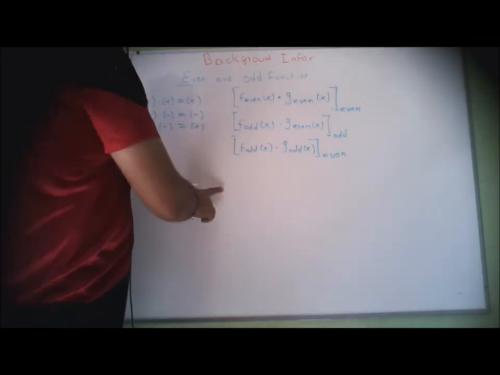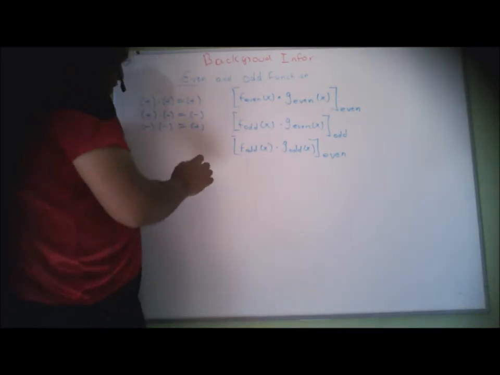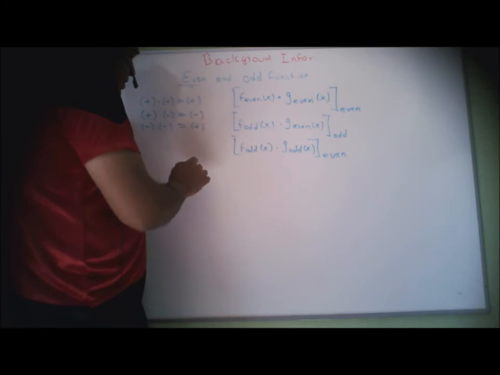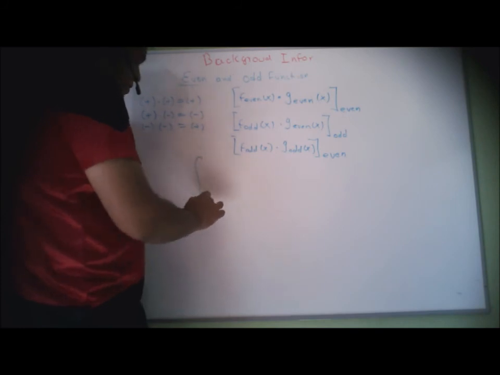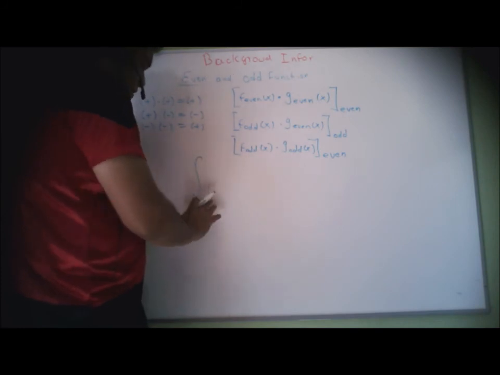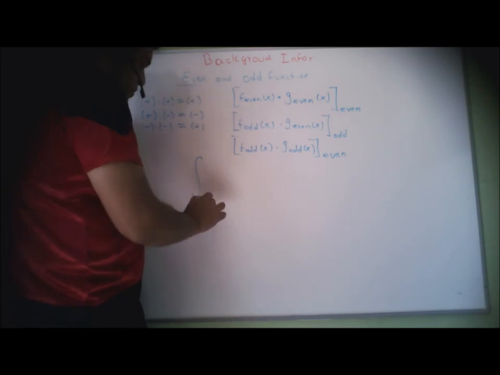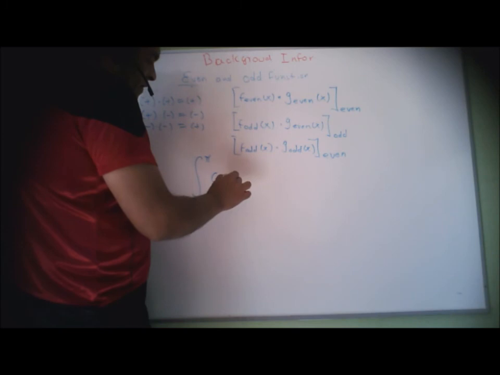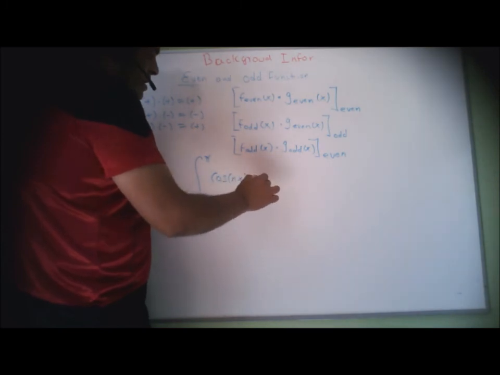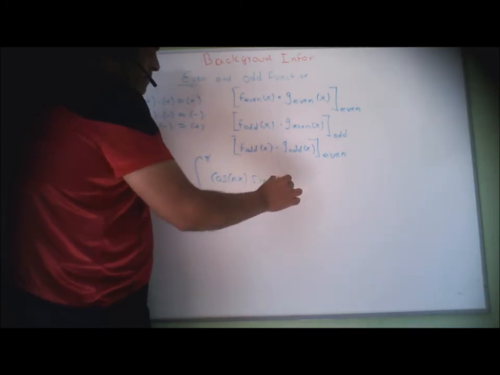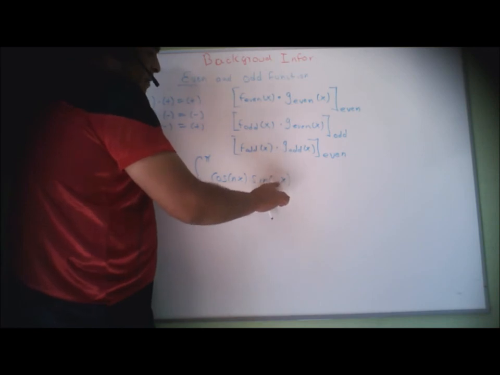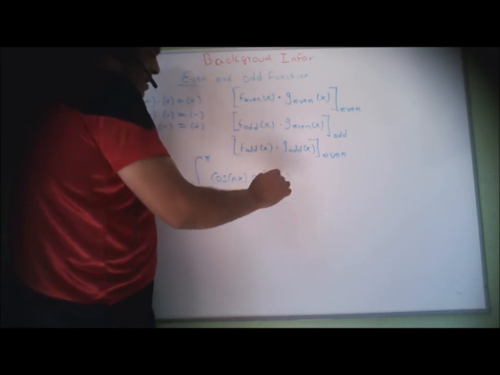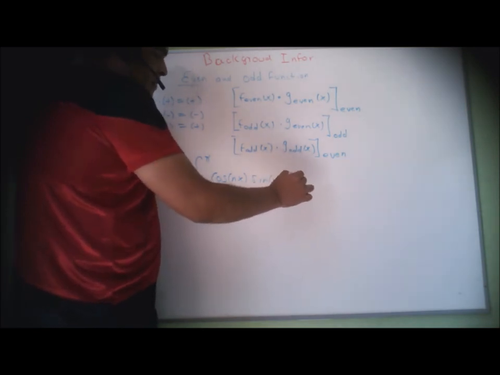Okay, so let's do this exercise. What will be the integral from minus pi to pi of the cosine of nx times the sine of nx, or even mx, they don't have to be the same, differential x?